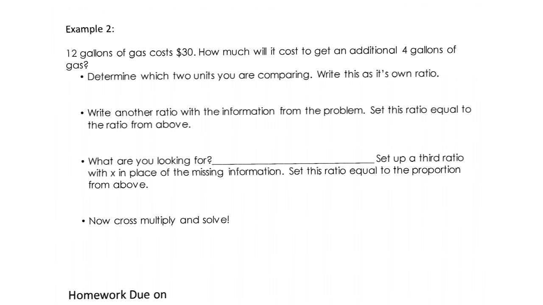We're going to do another ratio. What do we already know? So we know that we have gallons over dollars. Are we given a set amount of gallons already? We're given 12 gallons over how many dollars? Over $30. So that's our other ratio.